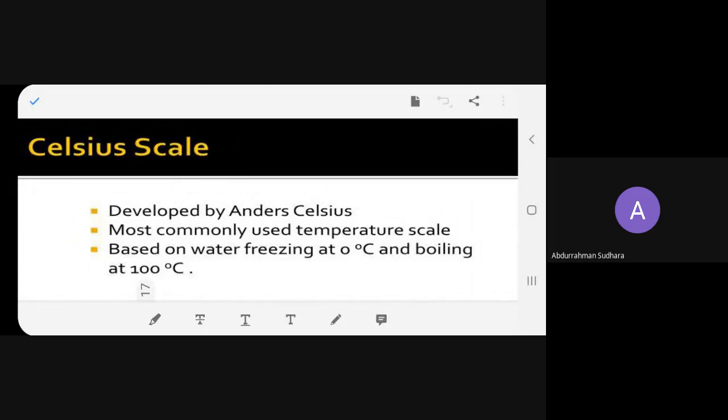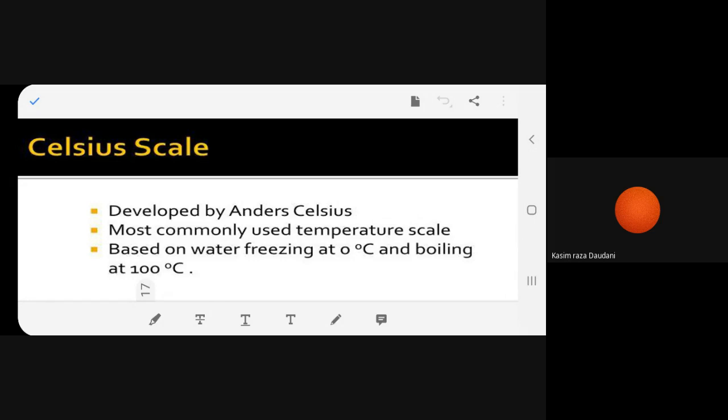Read better. The Celsius scale was developed by Anders Celsius. It is the most commonly used temperature scale, based on water freezing at 0 degrees Celsius and boiling at 100 degrees Celsius.